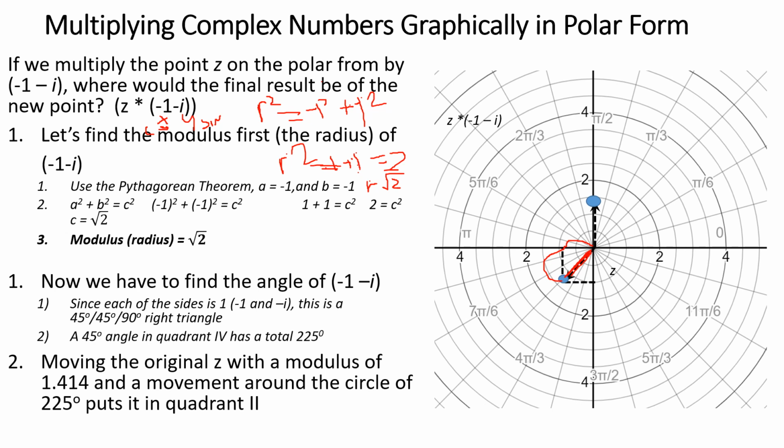Well, now I've got to multiply this out. If I multiply this point, my z times -1 minus I, let's take a look at this here. It's a 45-degree angle, quadrant 4.